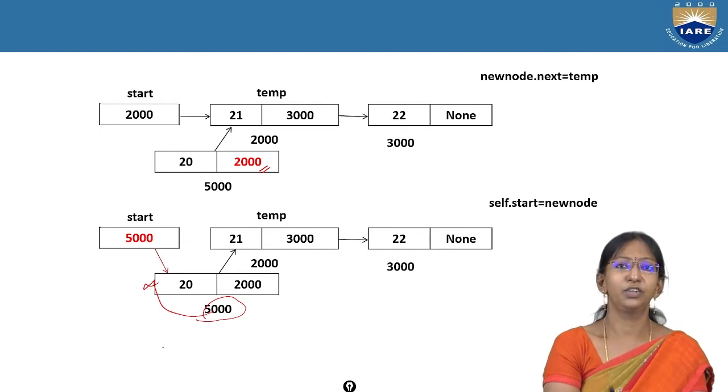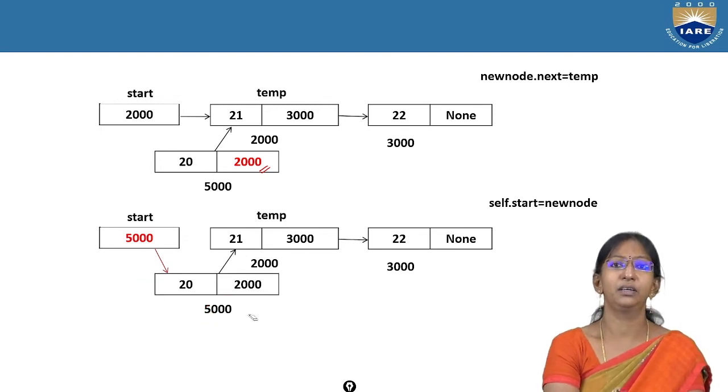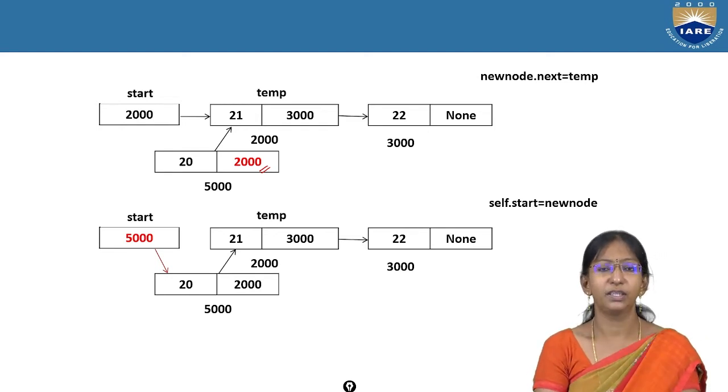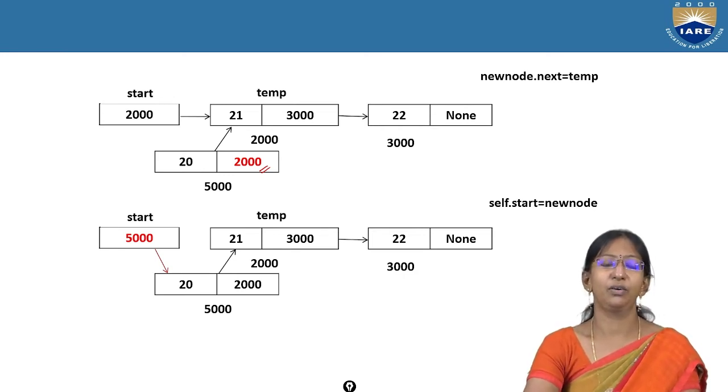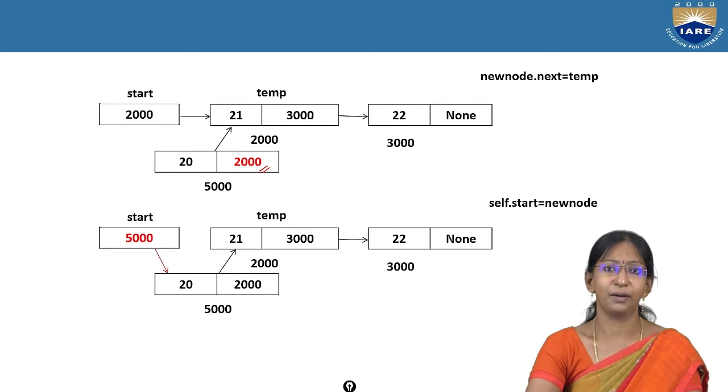Thereby I have broken the link between the start pointer and the old first node. Now the current first node is 20, which is the new node. This is how I'm going to insert or push an element into a stack.